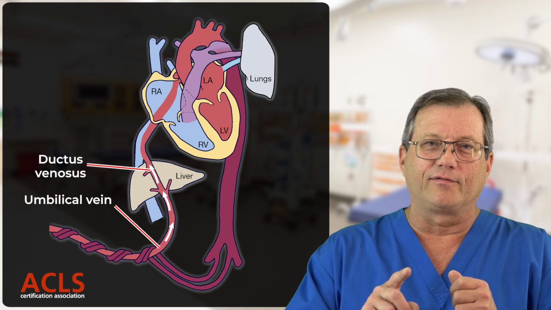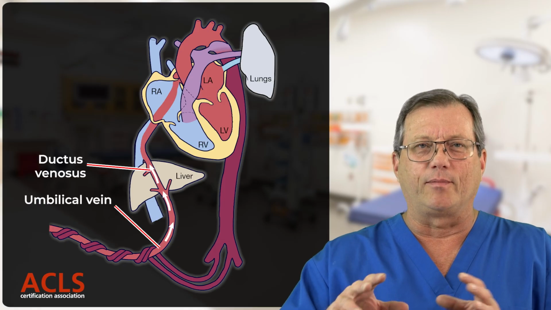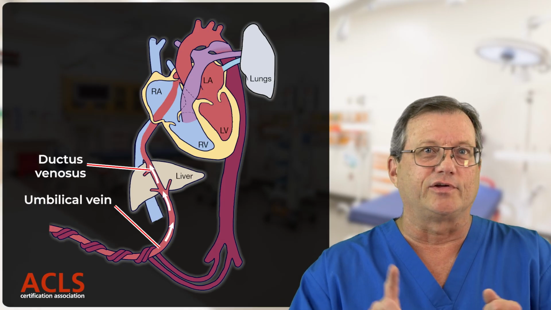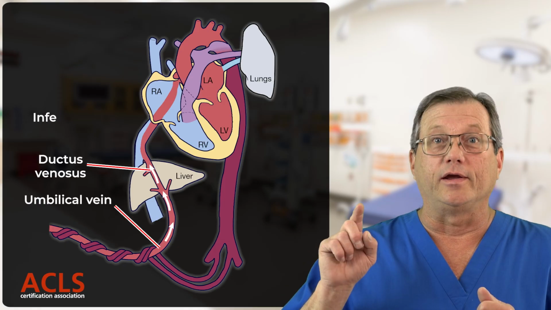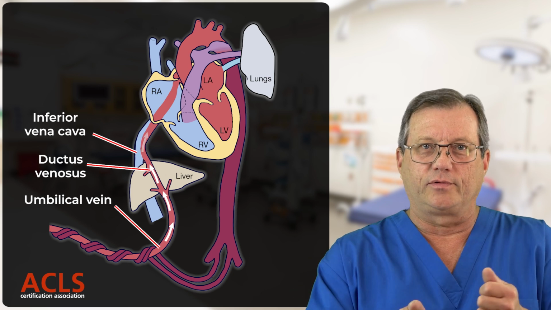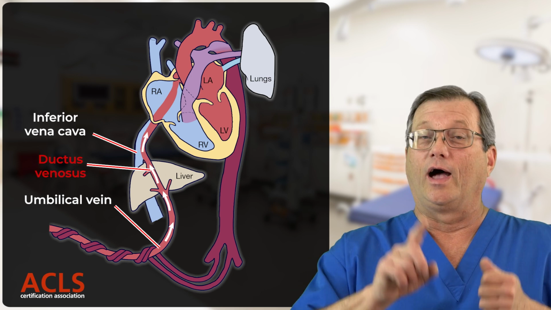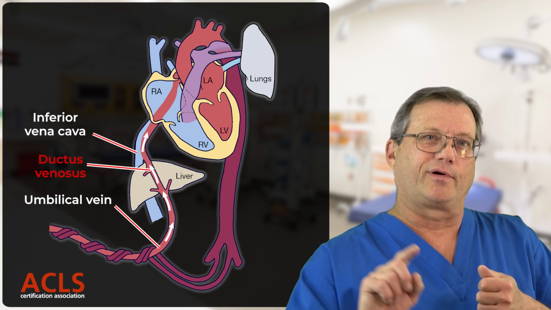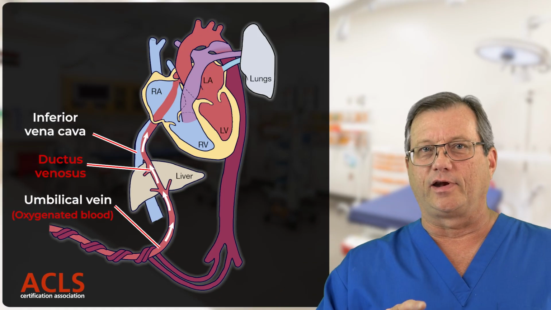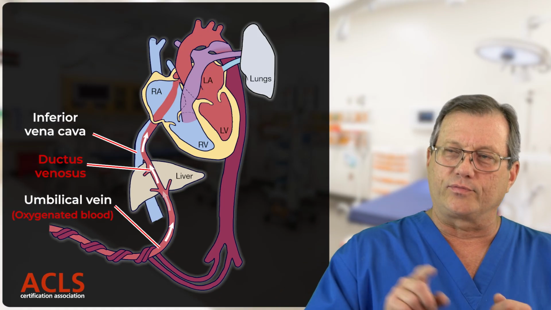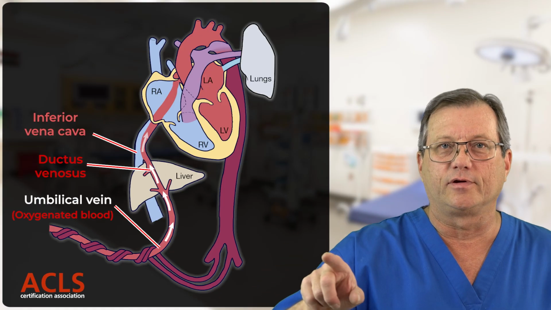So it goes into the liver, and it really doesn't mess with the liver because it's all high pressure, but it takes a shortcut to the very low pressure inferior vena cava. So it cuts right through the liver, through the ductus venosus, another adaptation. So now I got this oxygenated blood taking a shortcut through the liver to the inferior vena cava.